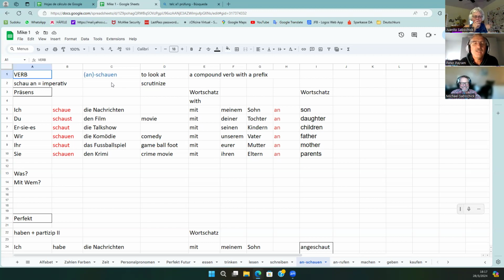Just so you know, now we had the regular verbs in the present. Then we had the helping verbs, which are the haben in the perfect, and the werden for the future. And you know that the verb goes in the second position, and that for the perfect and the future, the other part goes all the way to the back. Now we have what we call the compound verb with a prefix.